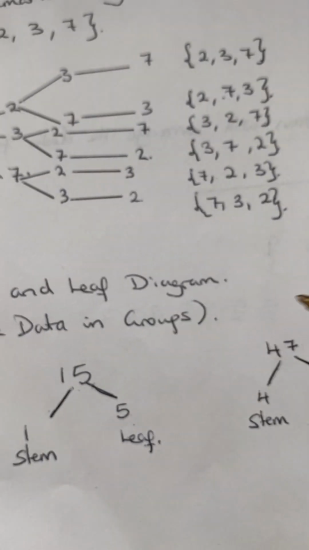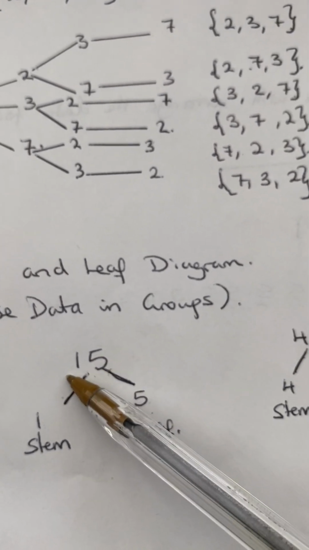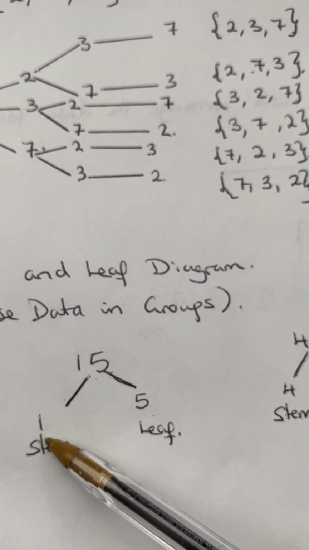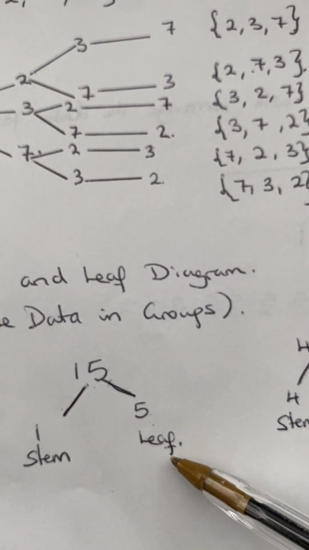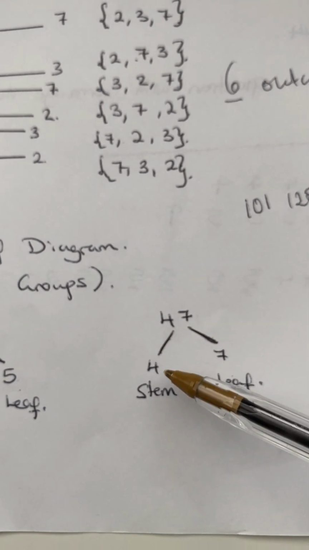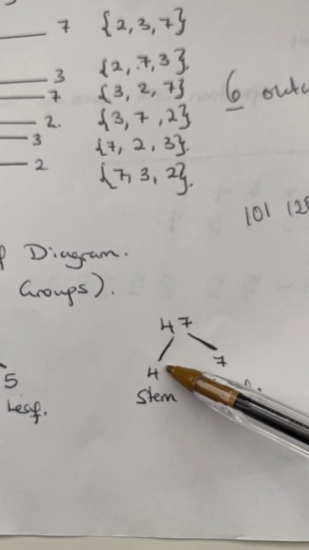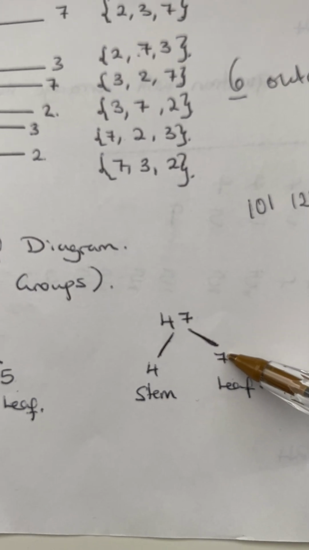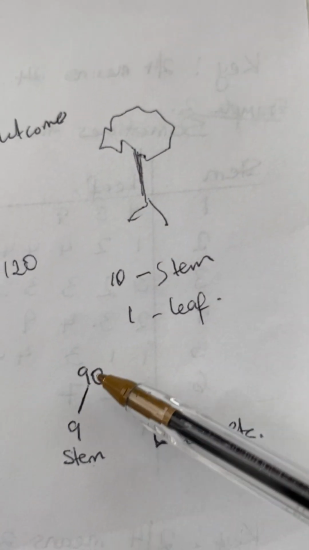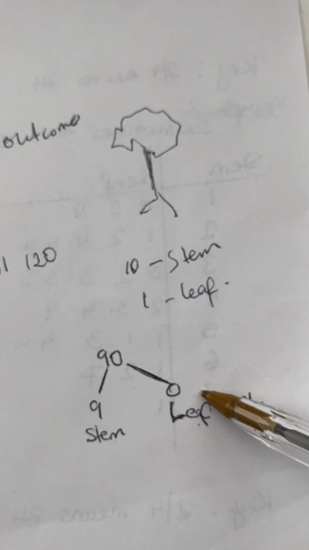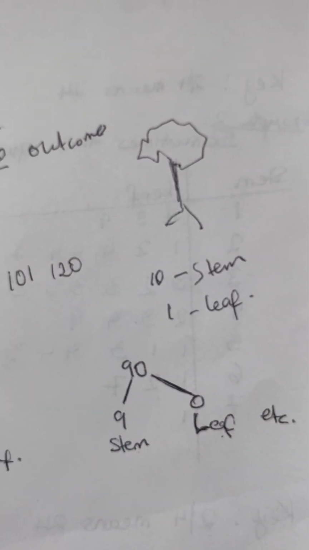If you have the number 15, you can put 1 as your stem and 5 as your leaf. 47, 4 as your stem and 7 as your leaf. 90, 9 as your stem and 0 as your leaf, etc.